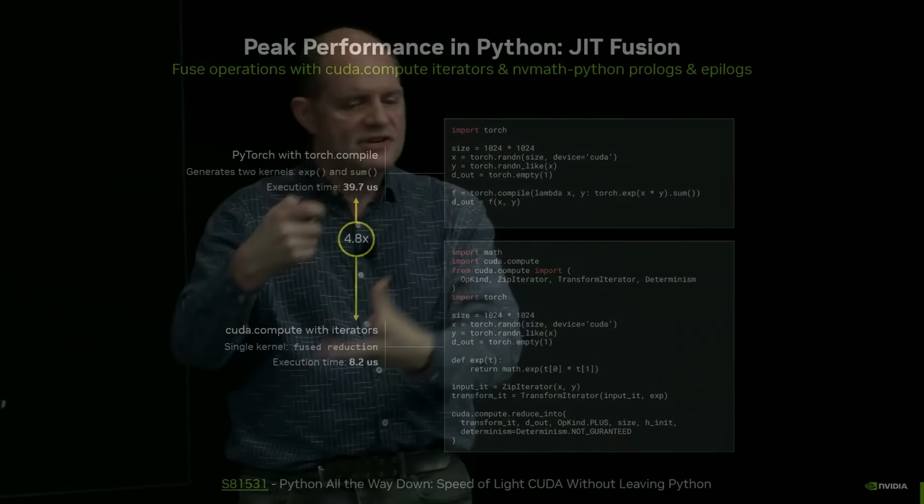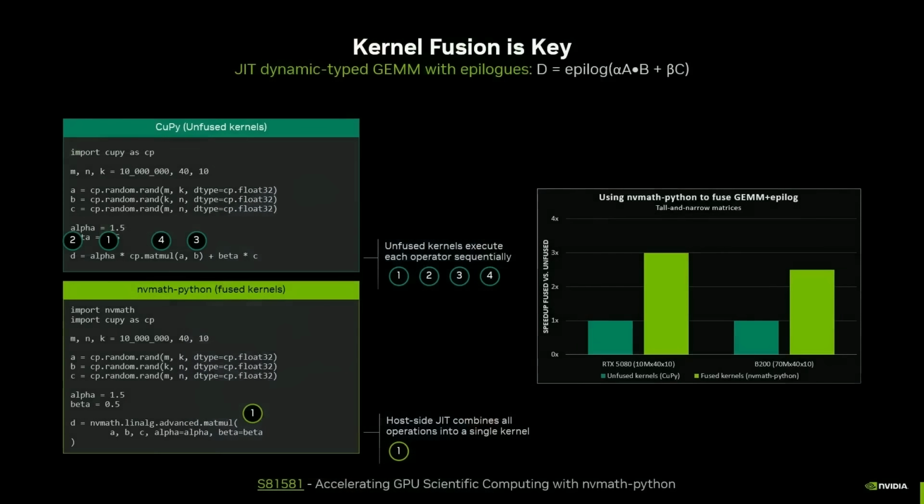Right? And so I can do fusions between different operators to make single kernels. And in fact, one of the things that the NVMath library does is it looks at these calls that you're making. In that bottom left-hand corner, I've got a little number 1 right next to a single instruction, which will look at all your types, and it will assemble the right call at runtime and just-in-time compile it for you and give you a kernel that runs 3 times faster because it's able to bundle it all into one piece together.